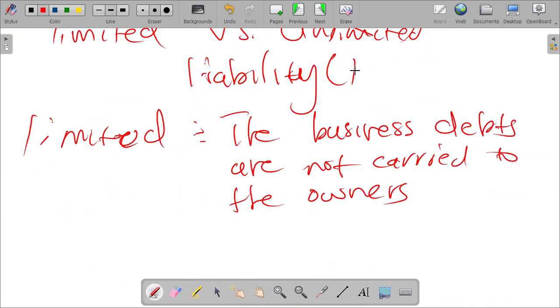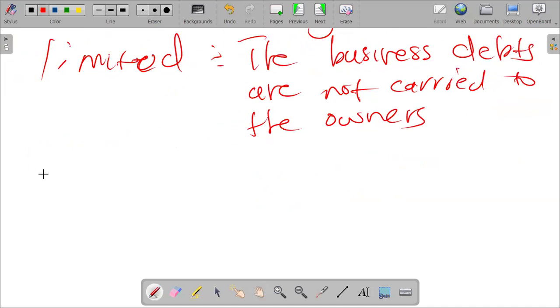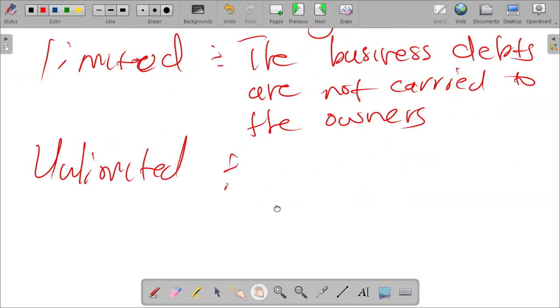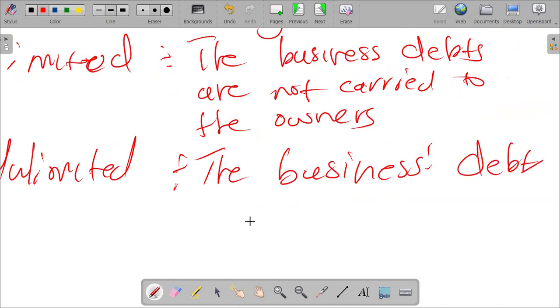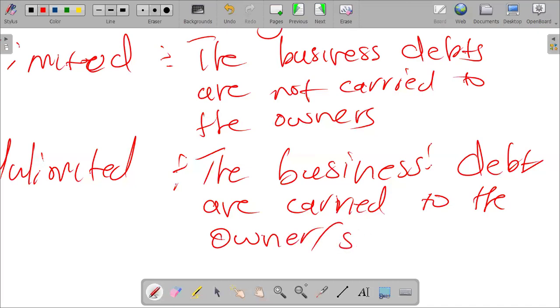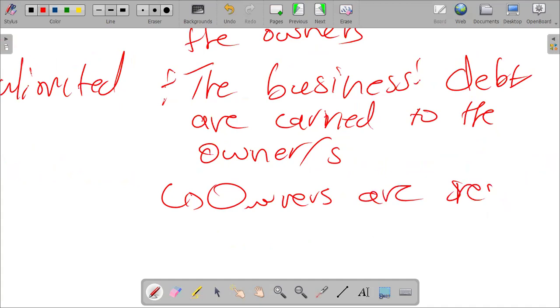Liability meaning debts, right? But when it's unlimited, it means that the business's debts are carried to the owner or owners, meaning that the owners are responsible. Owners are responsible for what?